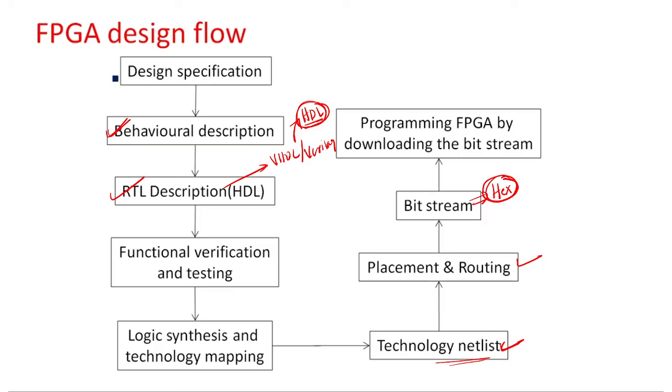There, what are you writing? You are writing in assembly language. That assembly language program you are converting into an X file. That X file you are loading into your board, so that your board is working according to your application. So that is nothing but bit stream generation in terms of X files, in terms of zeros and ones only, and that you are programming into this FPGA, downloading. Okay, this is the basic FPGA design flow.